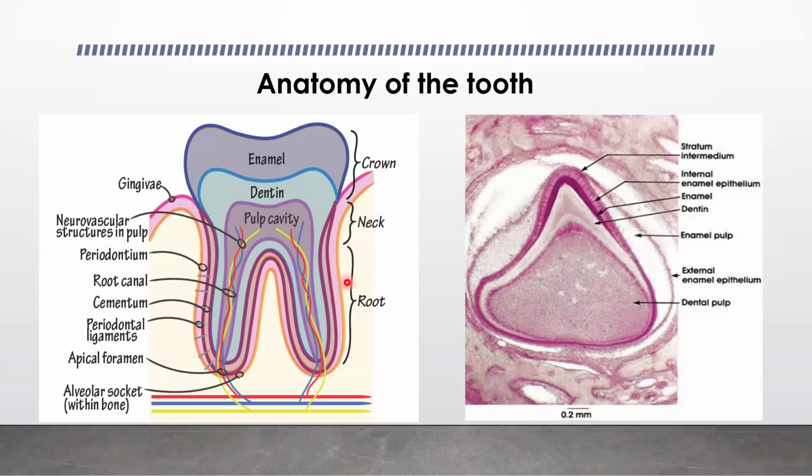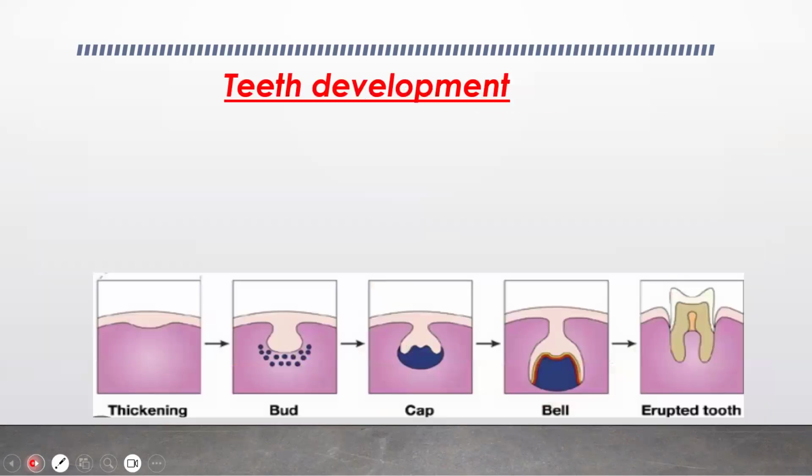So how then do you form the teeth? The teeth are formed in an interesting way because you'll undergo various stages, from thickening of the oral epithelium to its invaginating. Then you'll have now the cap stage, the bell stage, and then the teeth will erupt.